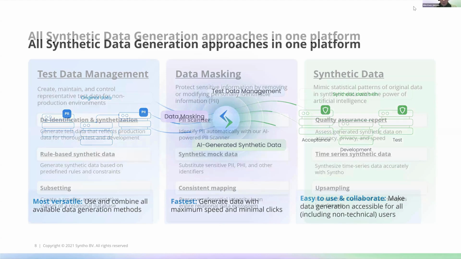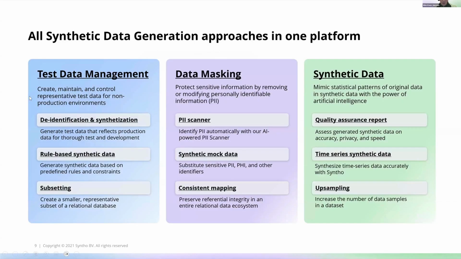To give a short summary, I am not going to deep dive into this in detail because we will share the slides. With test data management, we mean that the purpose is to create, maintain, and control representative test data for non-production environments. With data masking, we aim to protect sensitive information by removing or modifying personally identifiable information, also known as PII.